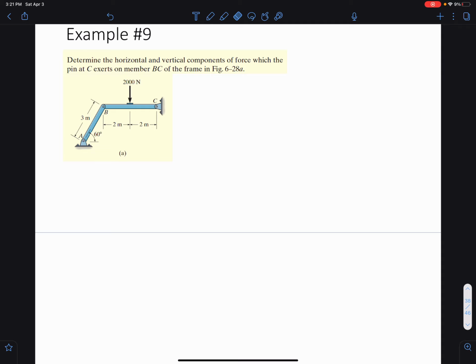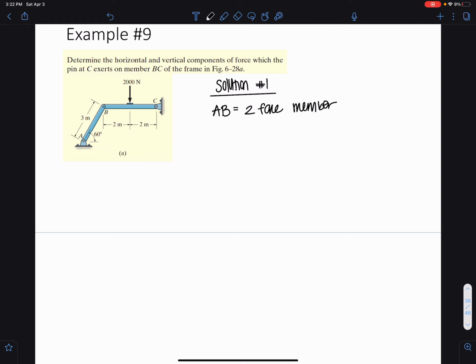I'm going to show you two different ways here. I'm going to call this solution number 1. You'll see the difference when we go over solution 2. Solution 1 is if you were able to recognize that AB is a two-force member.